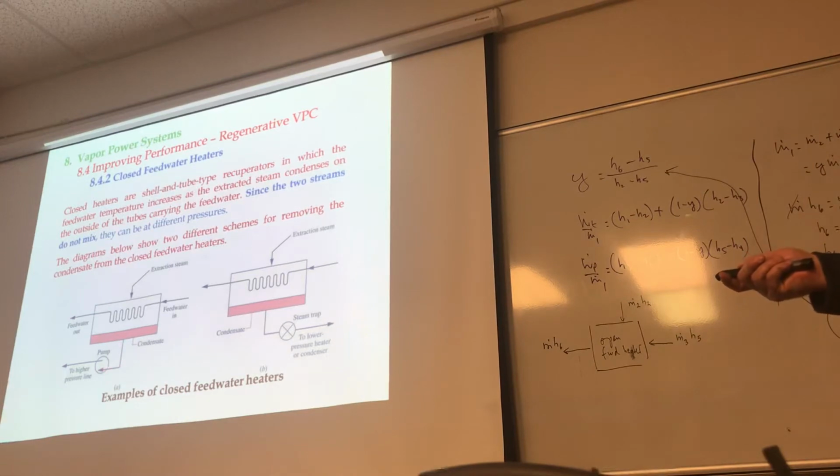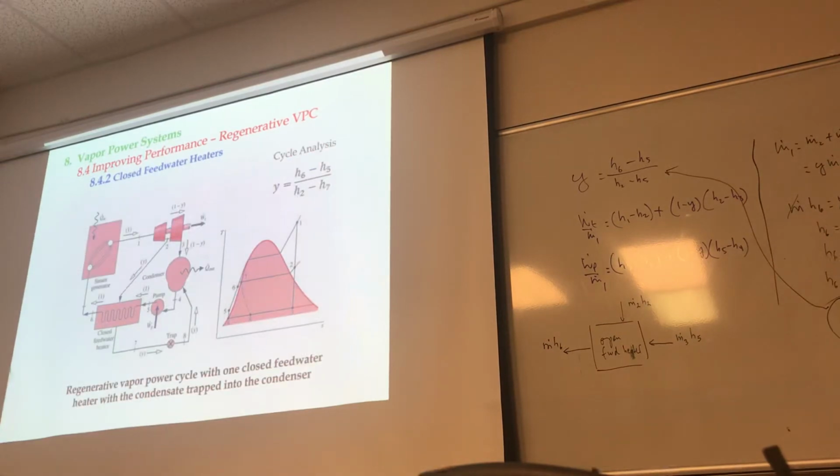You can either take this and pump it to the higher pressure, because here you're working with the intermediate pressure or the lower pressure, or you can just set up a steam trap and then feed it to the low pressure heater or condenser, either way. But the bottom part is exactly the same. The thing that you remember here is that the two fluids do not mix, and you are doing it in that fashion.